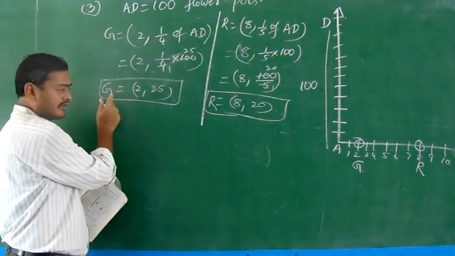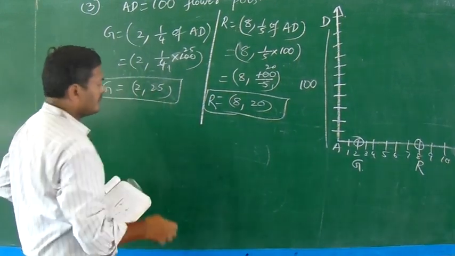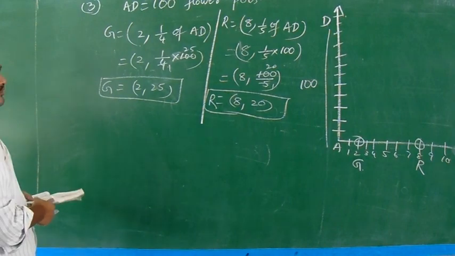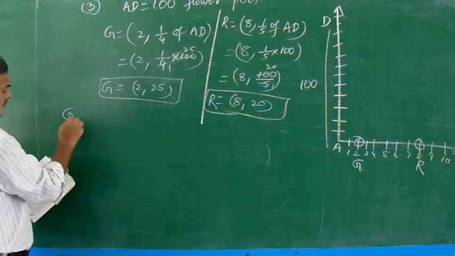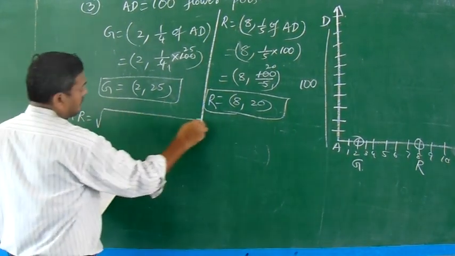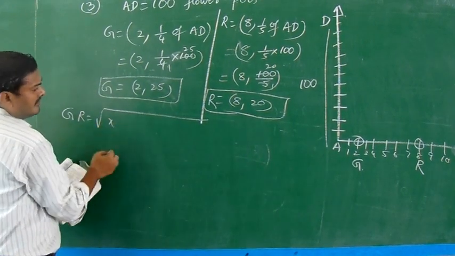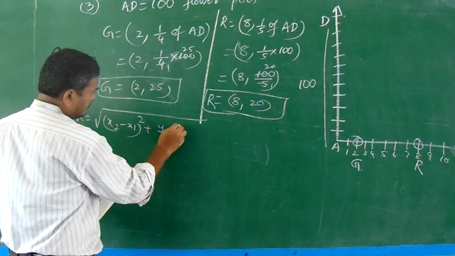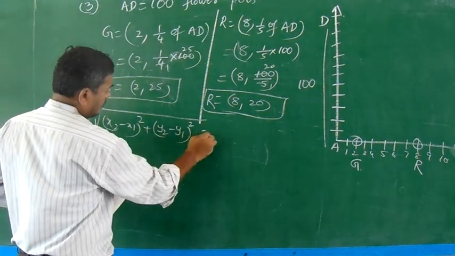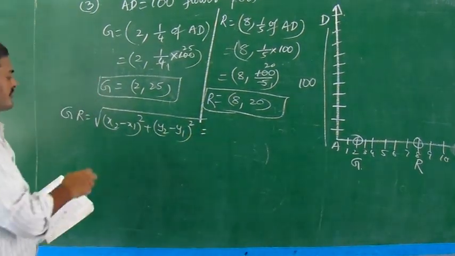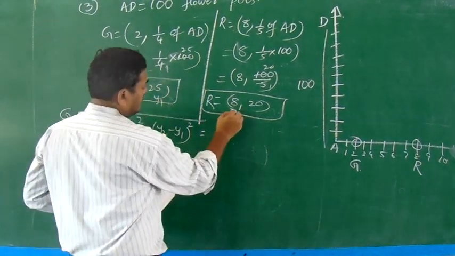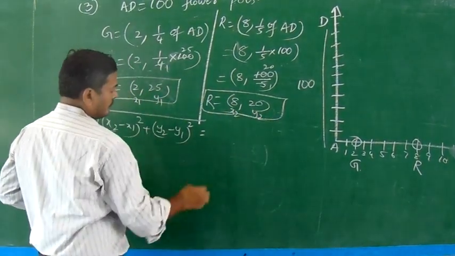See, the green coordinates are 2 comma 25. Now what they are asking in the question: find the distance between the two flags. Now GR equals, what is the formula? GR equals square root of (x2 minus x1) whole square plus (y2 minus y1) whole square. This is x1, y1 and this is x2, y2.